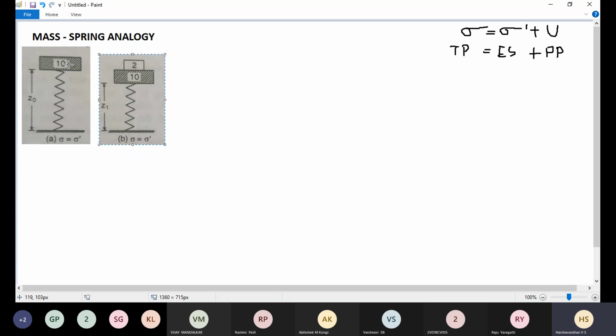If you are adding 2 more units of weight, that is if you are constructing a structure, this extra weight represents the structure. If you put that weight, the soil is going to settle. But the difference is in soil you also have water, that is pore water. So now what we'll do, we'll take this spring and weight arrangement and keep it in a closed cylinder.